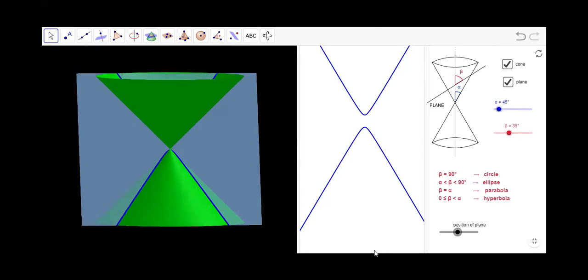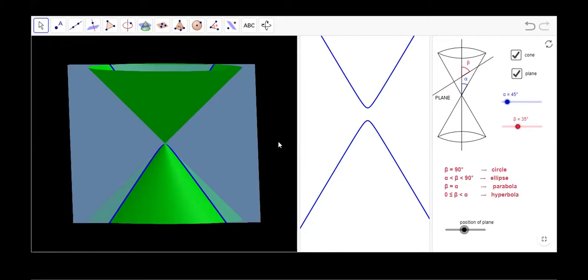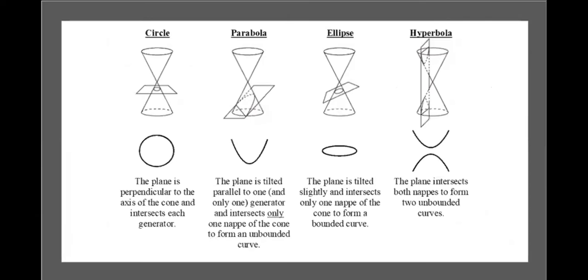Right? So, balikan lang natin. Okay. So, yan nga yung nakalagay dyan. Alright, so for a circle, ang sabi daw dito, the plane is perpendicular to the axis of the cone and intersects each generator. So, meaning to say, dumaan siya. Ito yung plane mo, ito yung double nap.